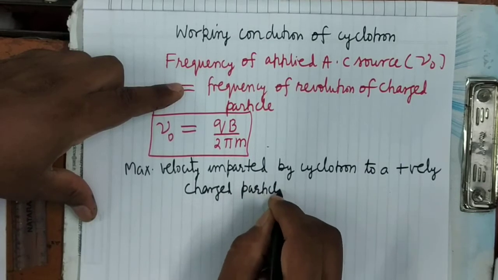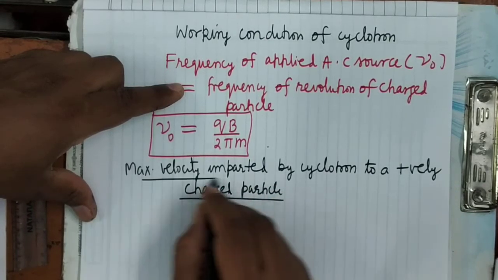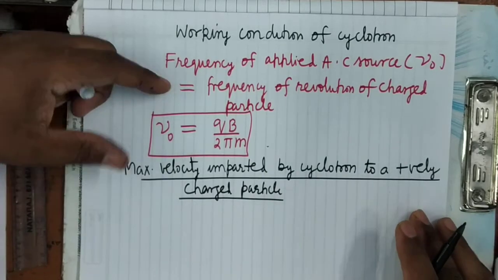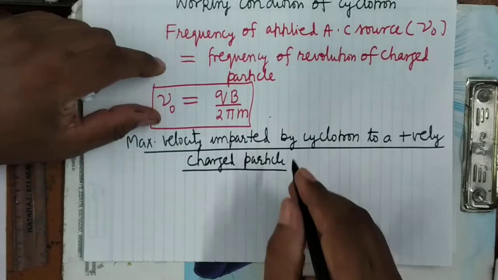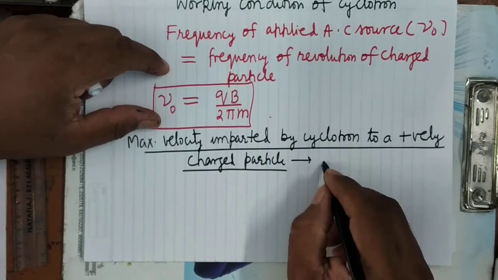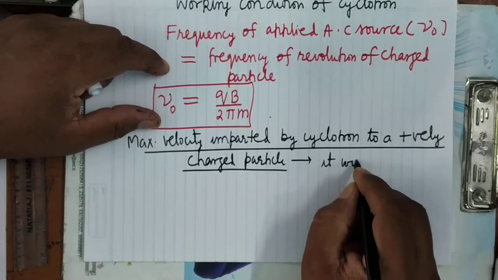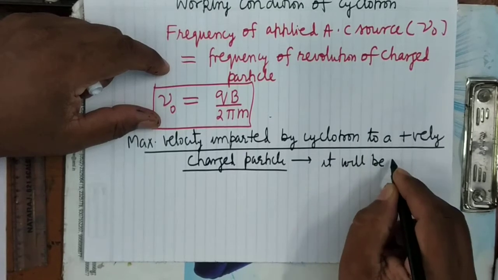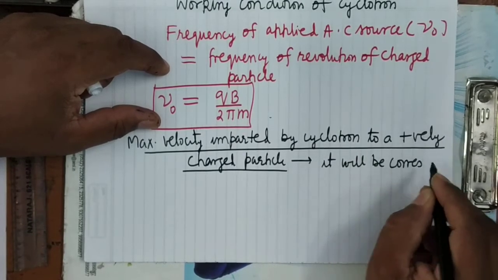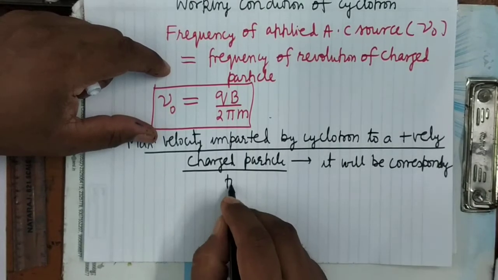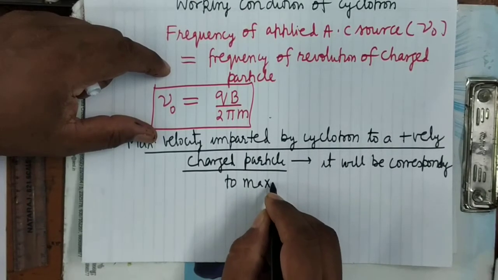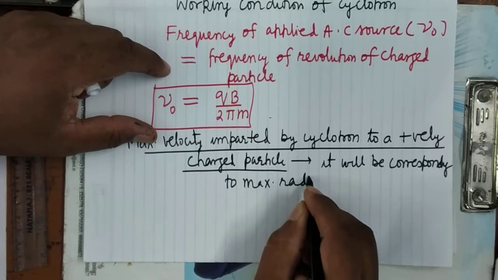What will be the maximum velocity? The maximum velocity will correspond to the maximum radius of the circular path.